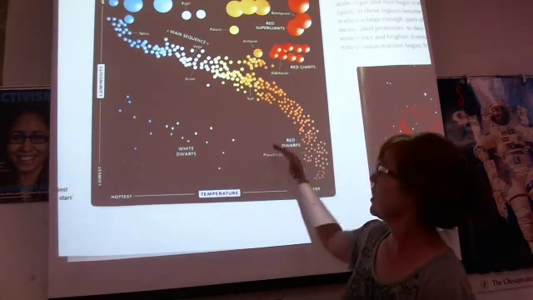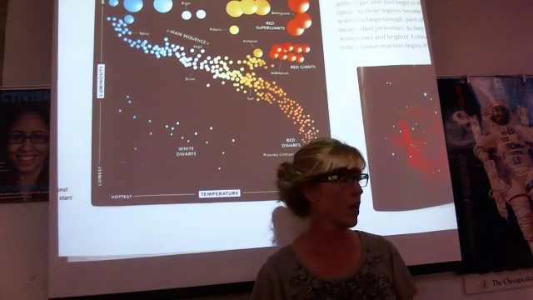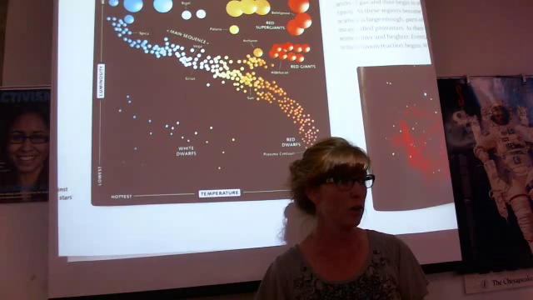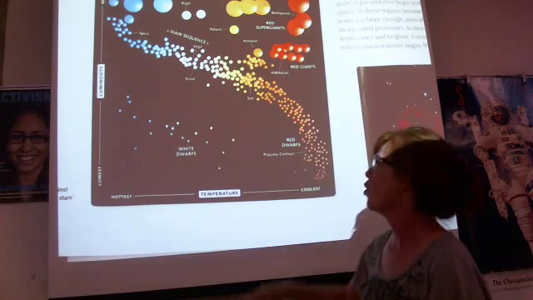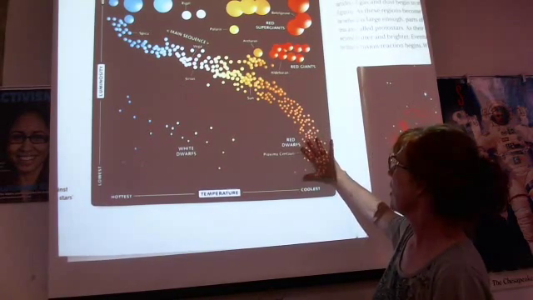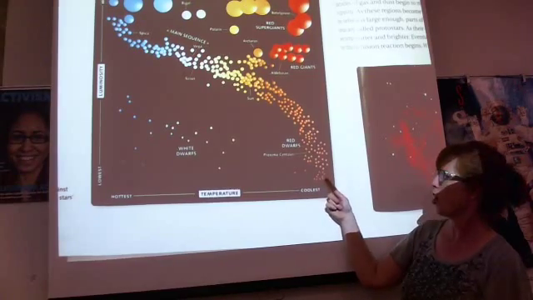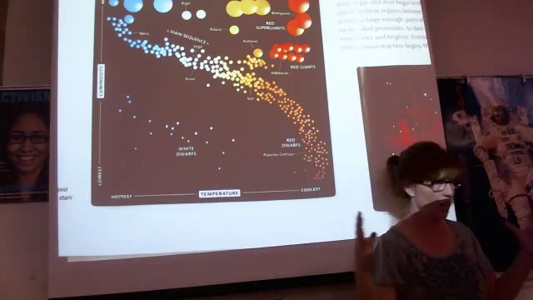Then it gets even bigger, 2,000 candles, and you're like, whoa, that's brighter than that LED light now. That's how these cooler, dimmer stars can become brighter, because they increase in size.